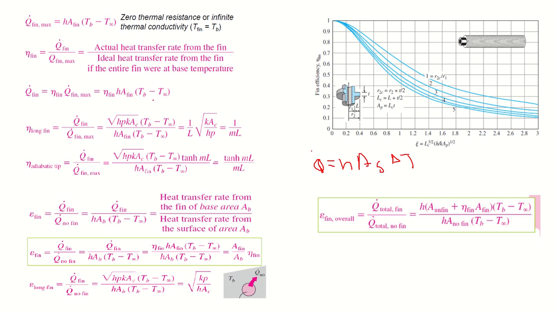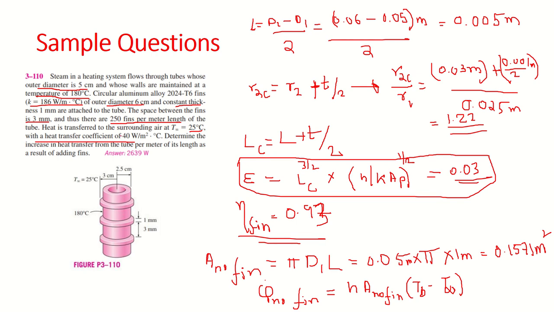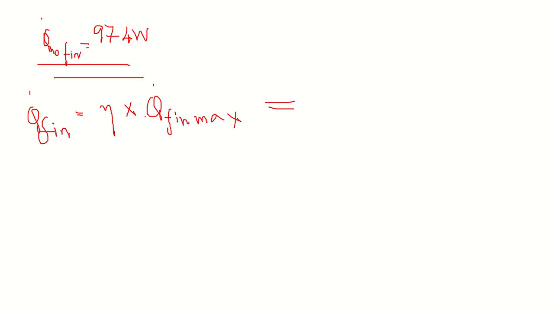You will find area of fin into TB minus T infinity. So Q dot of fin is efficiency into Q dot fin max.